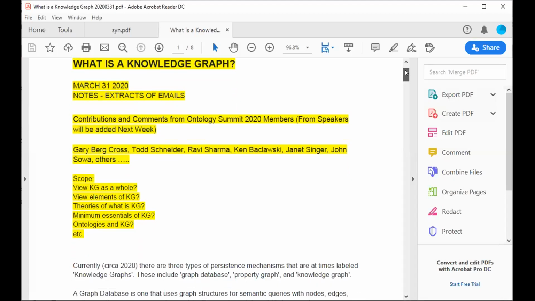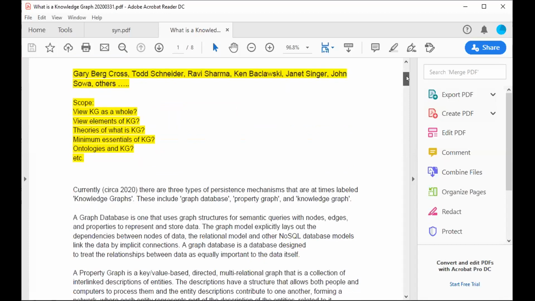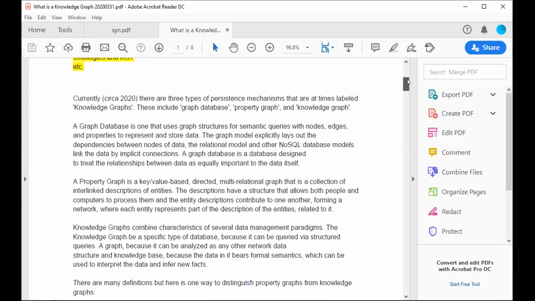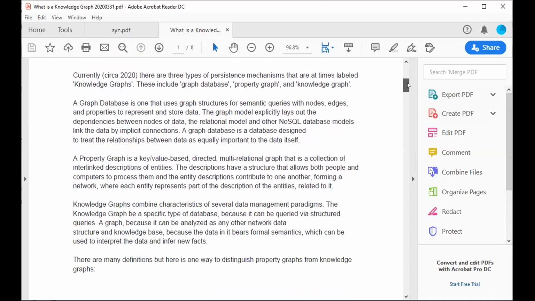So there are different views of persons having certain specialties on how to define the knowledge graph. And I think we should synthesize the multiple views.